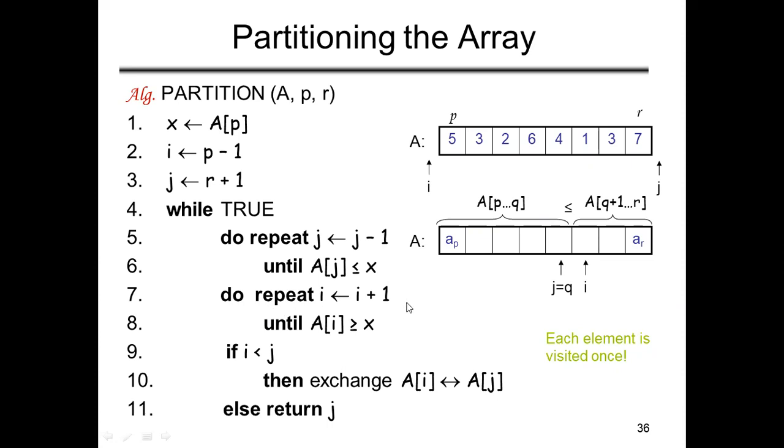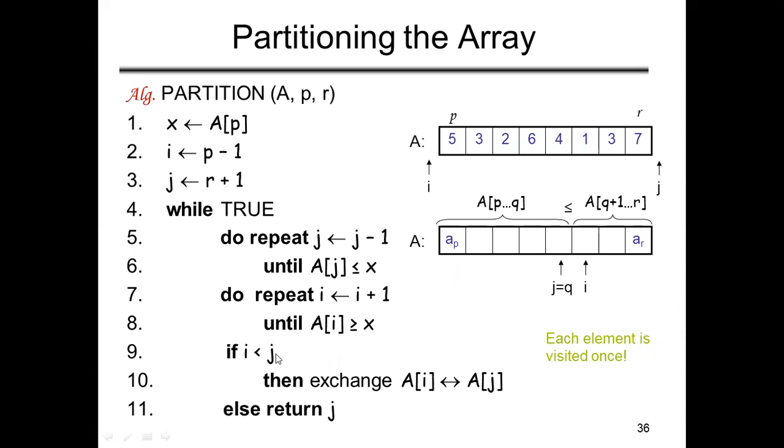Repeat I equal to I plus 1 until A of I is greater than or equal to X. We need to continue until A of I is greater than or equal to X, that is our pivot element, whether it is more than the pivot element or not. After that, you can check.